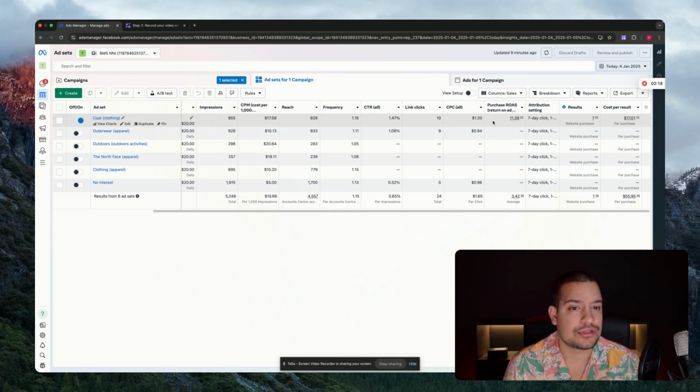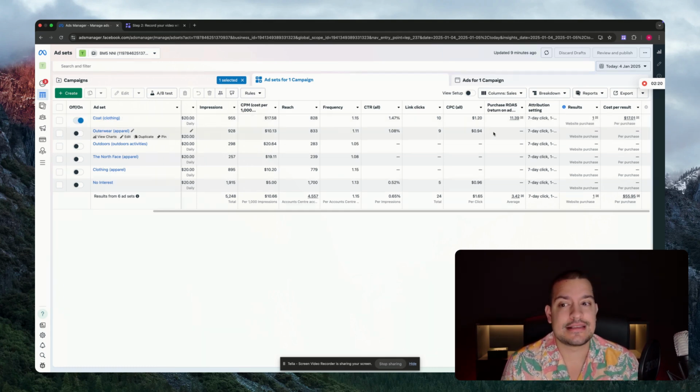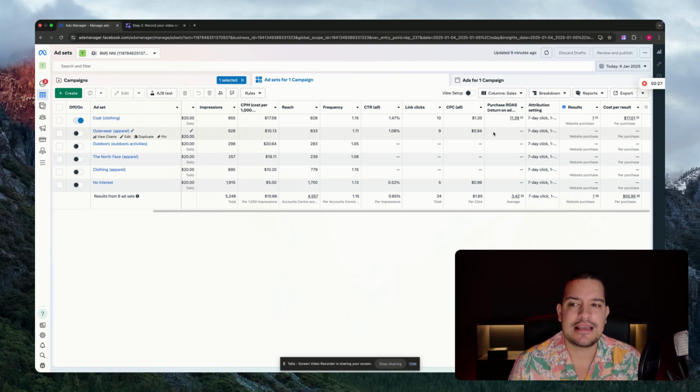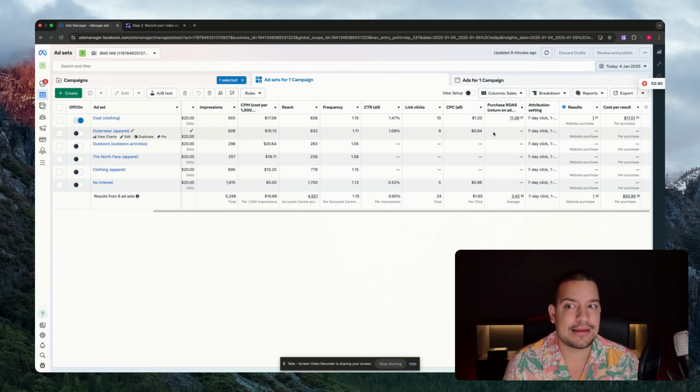And it probably won't. And the longer it stays off, the harder it is to re-optimize towards the right audience. So let's say you were turning off all those other interests and by mistake you turned off the interest coat. If you put it back on right away, then you could have a chance of bringing it back. But the problem is, if you take 3 days to turn it back on, then you have a higher risk, and that's not what you want.